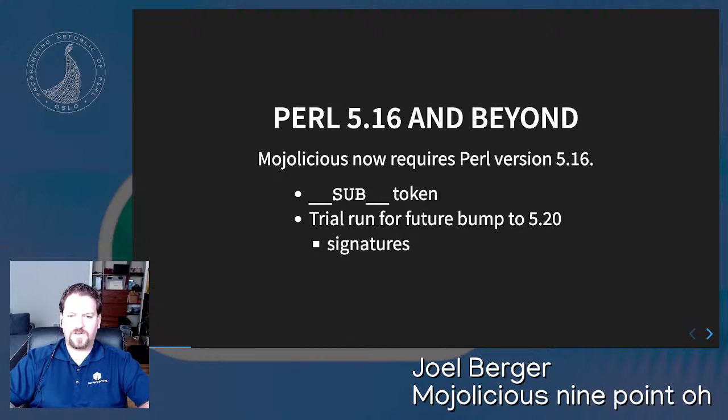I consider this a trial run for a bump to 5.20. When Perl's native signatures become non-experimental, we will probably start using them in the core code itself, and that will require 5.20 at least. We have not heard much complaint from the community, so I hope that means many people were already using at least Perl 5.16. That makes me happy.